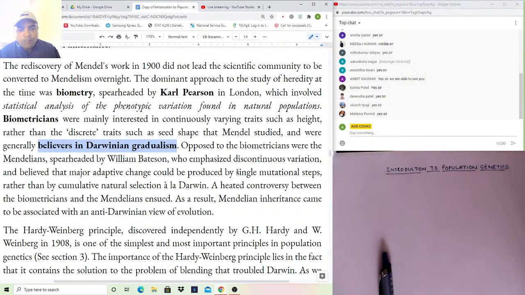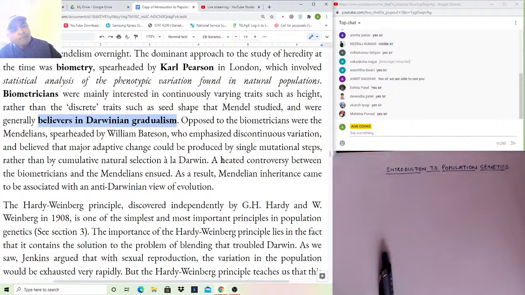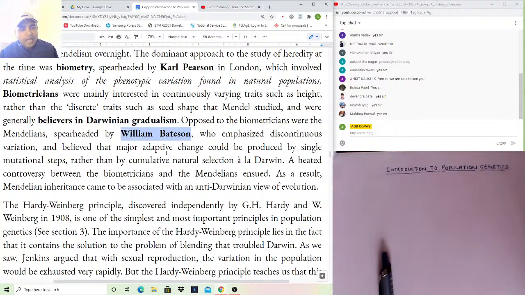Opposed to the biometricians were the Mendelians, spearheaded by William Bateson. He is another scientist who favored Mendel's discoveries and who emphasized discontinuous variation and believed that major adaptive changes could be produced by single mutational steps.